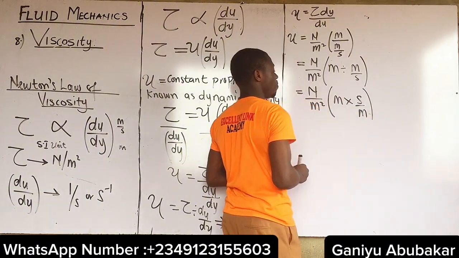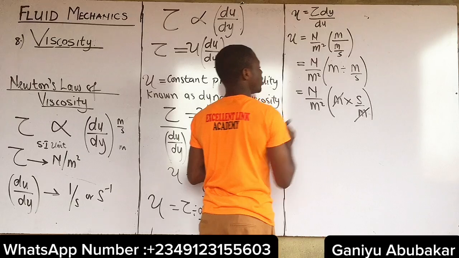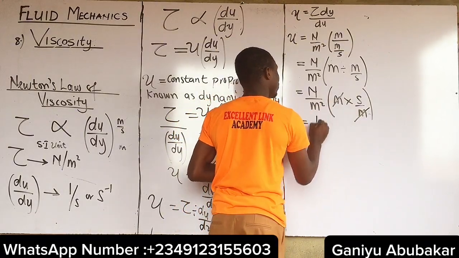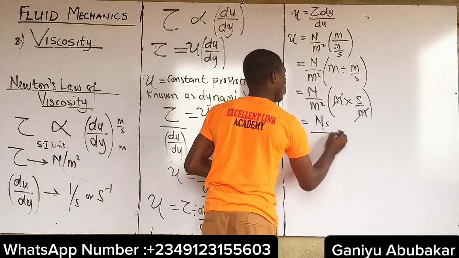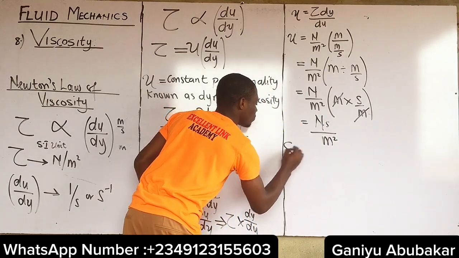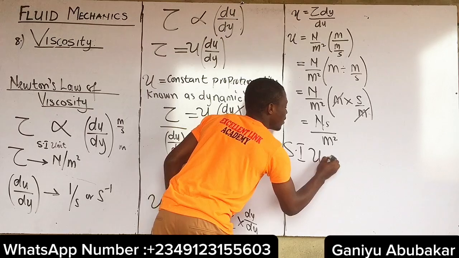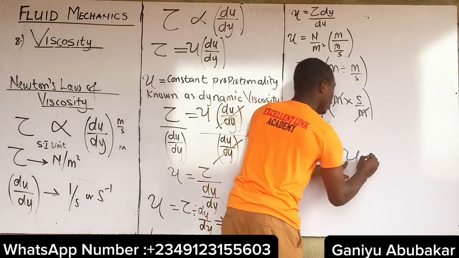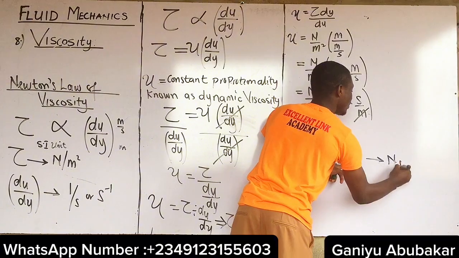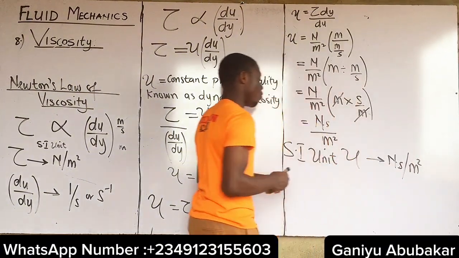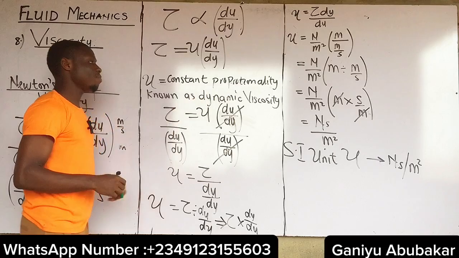Of course, meter cancels out meter. I'll be having Newton times second, Newton second all over meter squared. So the SI unit for dynamic viscosity, known as mu, is Newton seconds per meter squared.